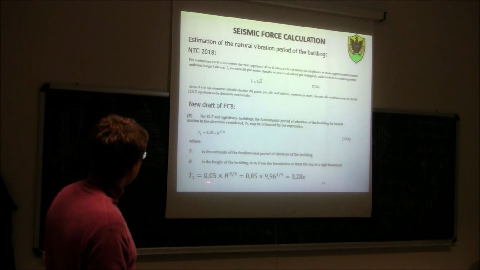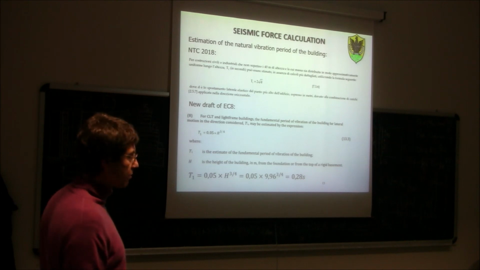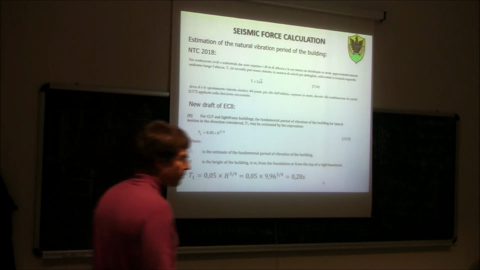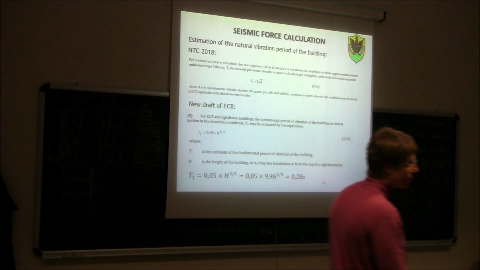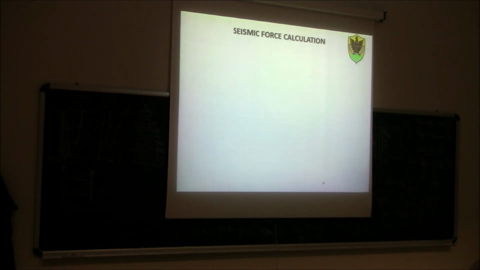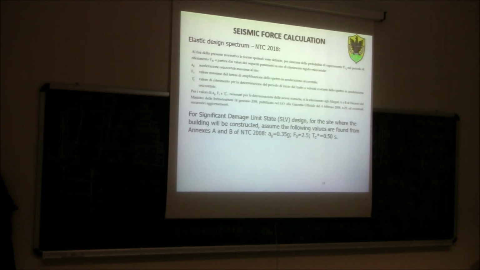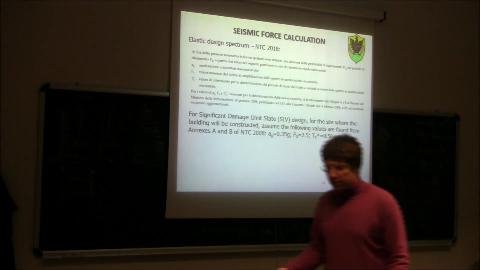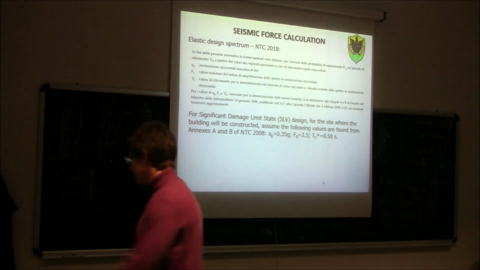In our case, we calculate this product and we get 0.28 seconds. Of course, the first vibration period of the building is needed now to enter the spectrum and to find out the value of the base shear force.